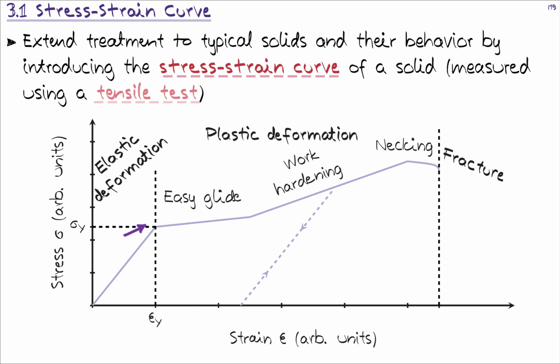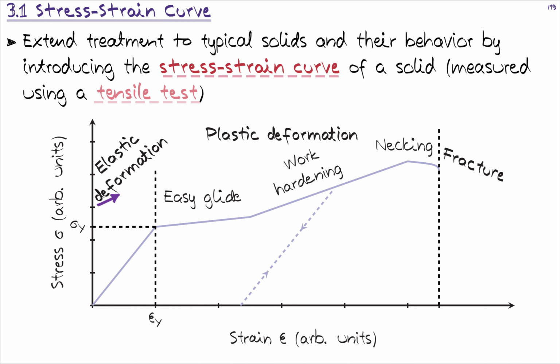So when we apply a given amount of stress, the material is being strained, but when we reduce the stress to zero, the material returns to its original dimensions. And this is why we call this regime elastic, so that the solid does not deform permanently.